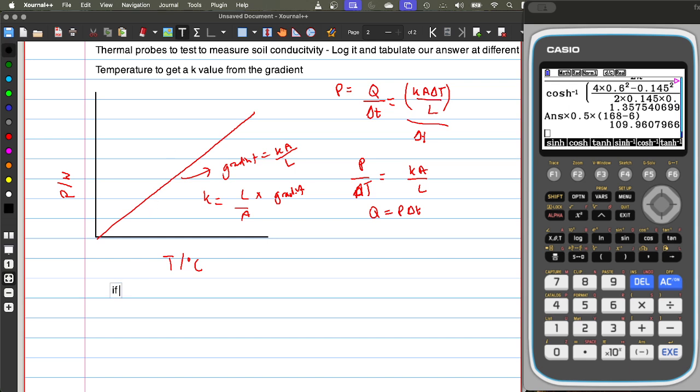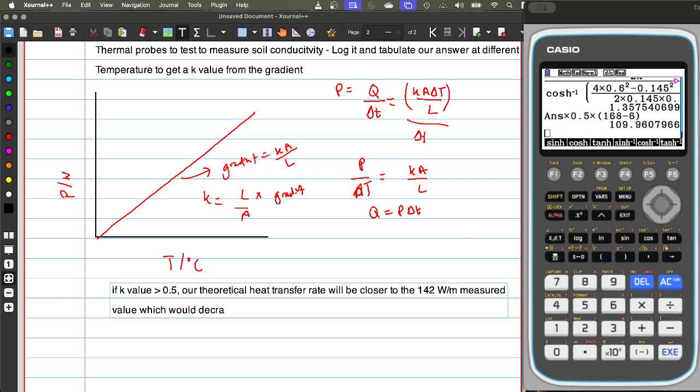So, if the K value is larger than 0.5, that means that our theoretical heat transfer rate will be closer to the 142 watts per meter measured value, which would decrease the discrepancy. Vice versa also applies. Okay, so that's one way of doing it.